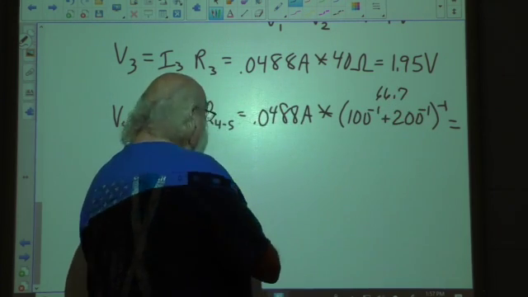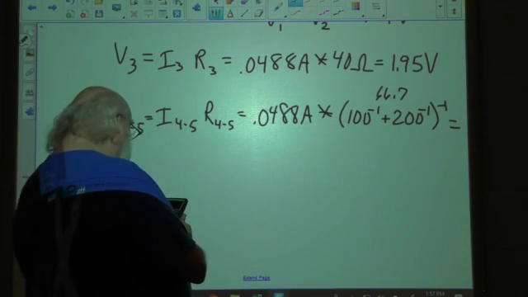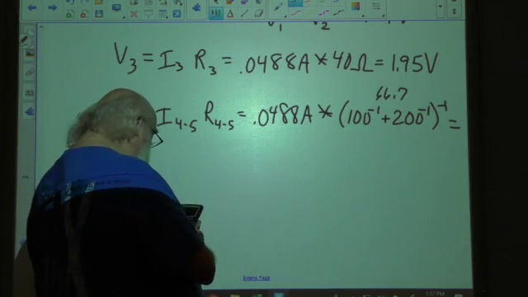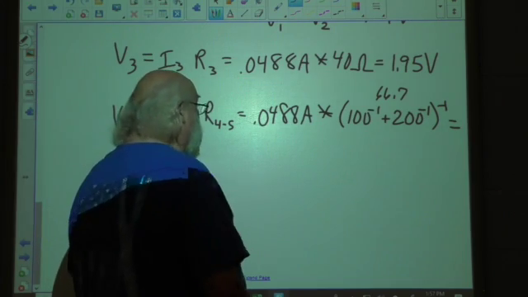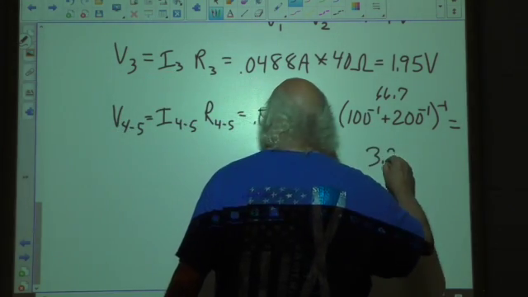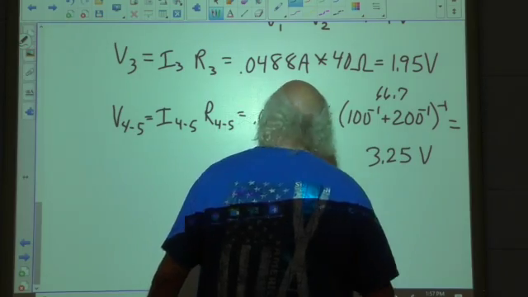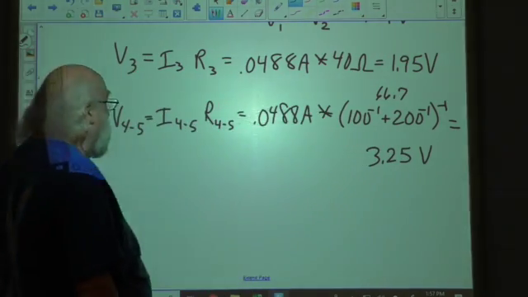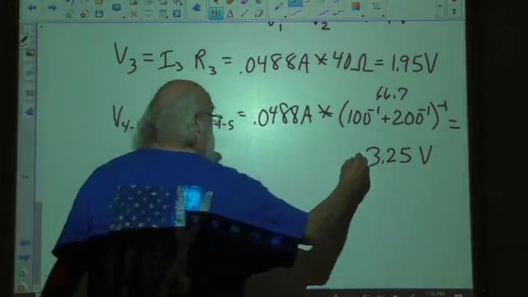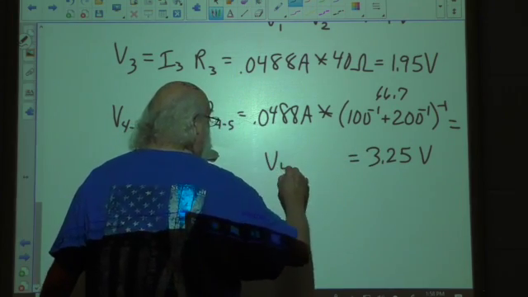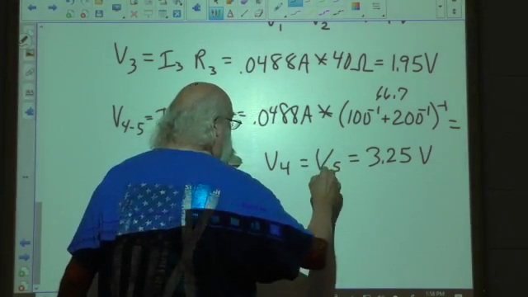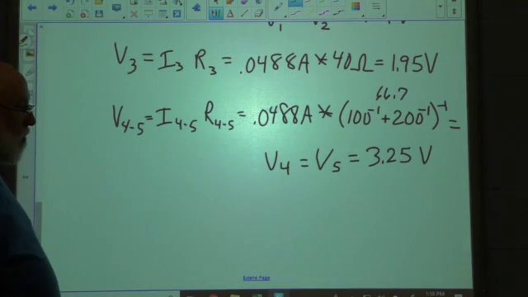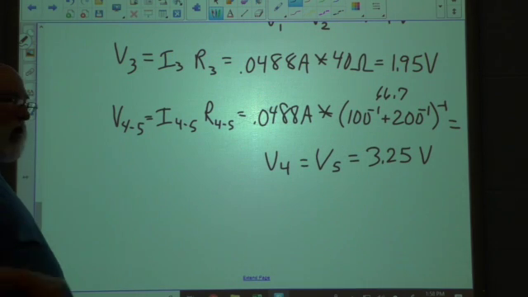Multiply that by 0.0488, and I get 3.25 volts for V4 and 5. So that means that's going to be V4 and V5, because in parallel circuits the voltage splits evenly between the two, being whatever the dynamic of the entire parallel system that it goes through.